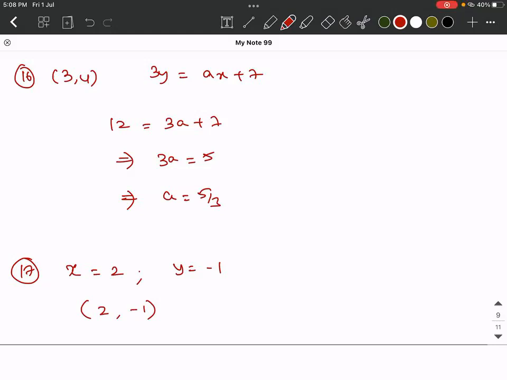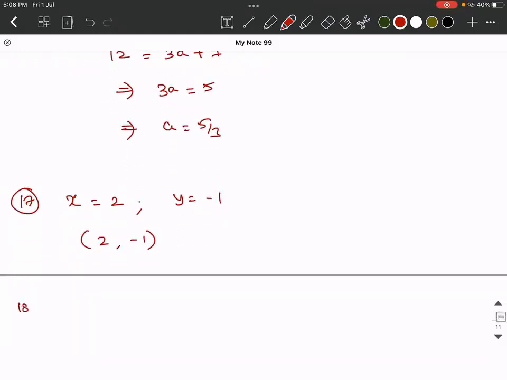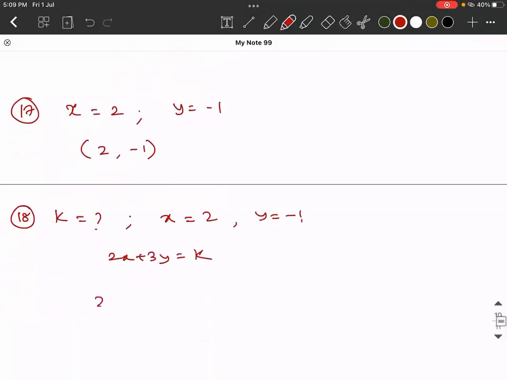You saw the question. 18. Make it faster. 17 is actually the value of a if x is equal to 2, y is equal to -1 is a solution of the equation x plus 3y equals a. So 2 into 2 plus 3 into -1.